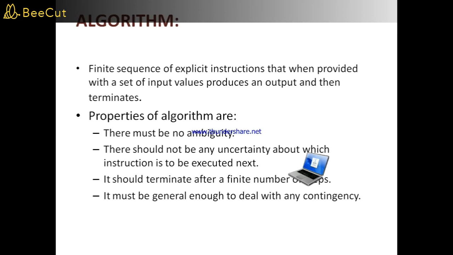Different algorithms may accomplish the same task with a different set of instructions in more or less time, space or effort. Suppose you are finding the solution for a problem. For the same problem, we can find different solutions.